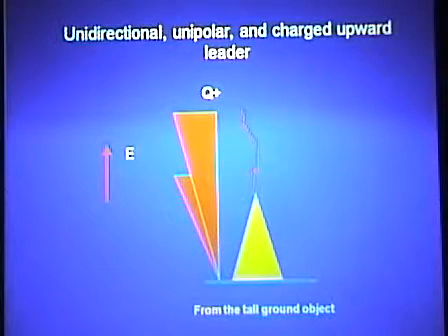Instead of bidirectional, we have unidirectional, because it goes from the ground upward. Instead of bipolar, you have unipolar, which is positive or negative, but unipolar. And instead of zero net charge, it would be charged. So it's a different picture, but this is not natural lightning. This is lightning from a ground object.